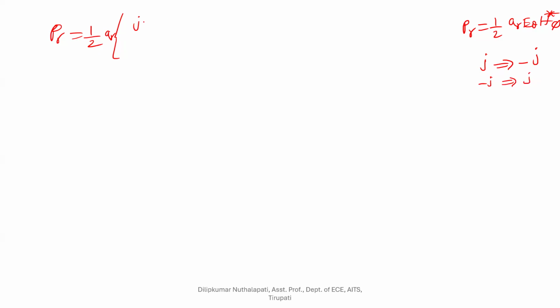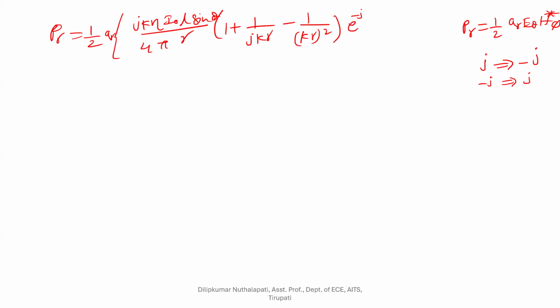I'll do that. So j k neta I naught L sine theta by 4 pi r into 1 plus 1 by jkr minus 1 by kr whole square into e power minus jkr. This is one term. And the product term, that is H phi, as I said, is the complex conjugate, so you have to replace the corresponding terms, plus j as minus j and minus j as plus j.